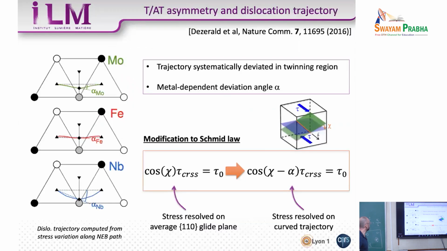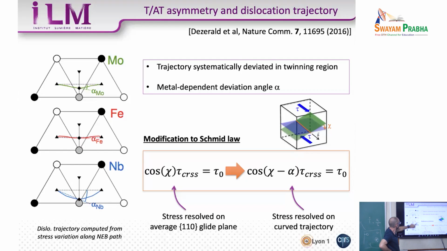I mention that because these are calculations that Lucile did when she was a PhD student. I'm sorry, with respect to the slide before, now it's reversed. So the split core is here, the hard core is there, and these are the two easy core configurations. This is in molybdenum, and this is the trajectory that the core follows when the dislocation goes from one easy core to the next core.